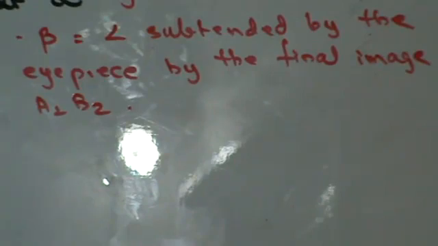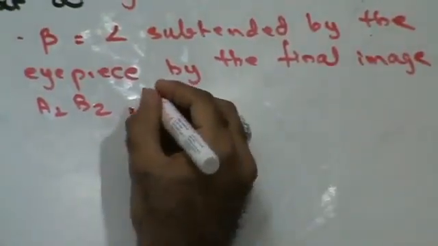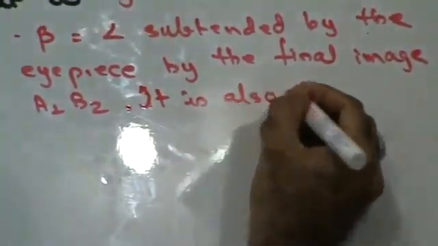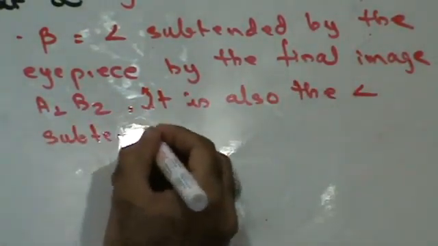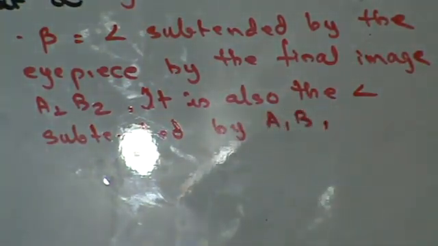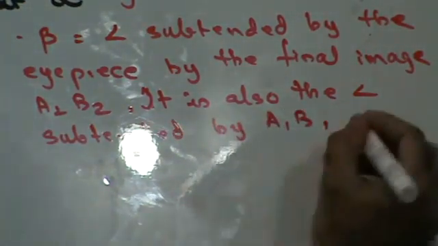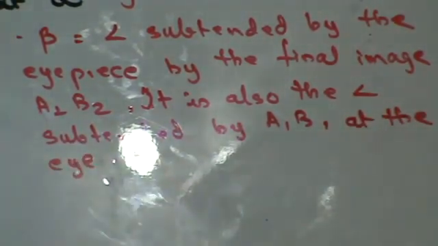Now I can say that beta is also the angle subtended by A1 B1 at the eye, right?